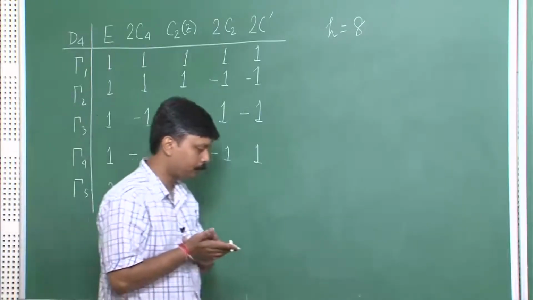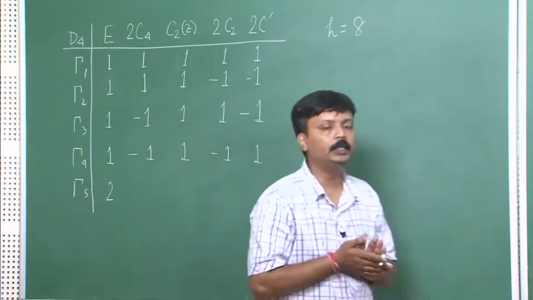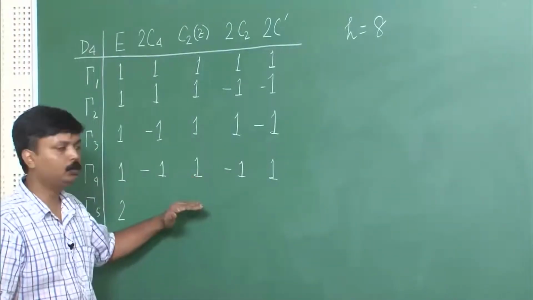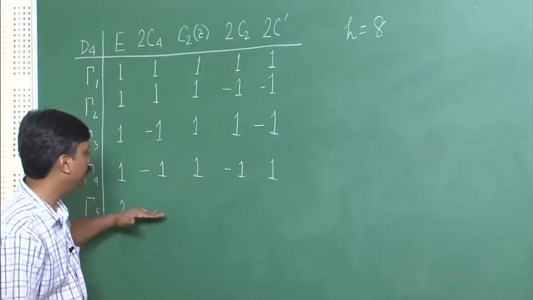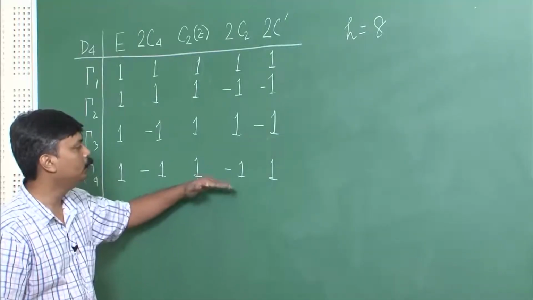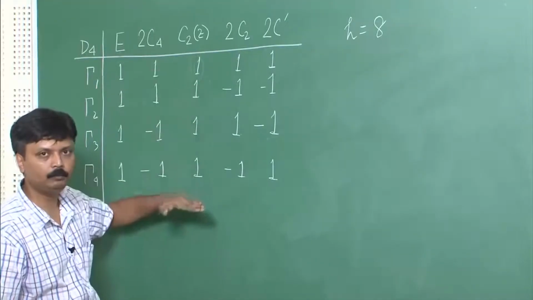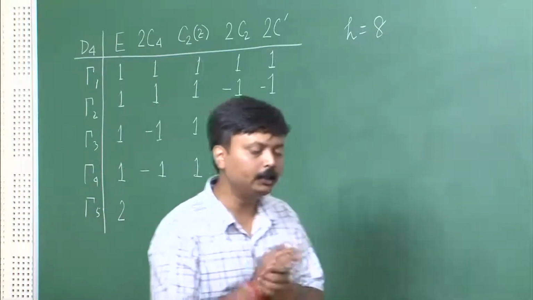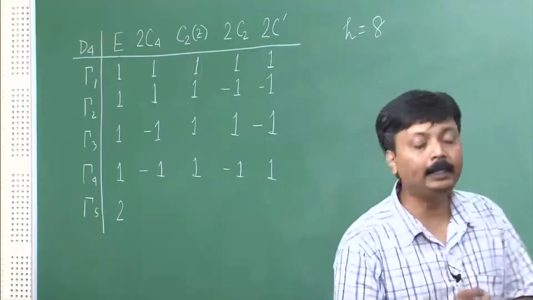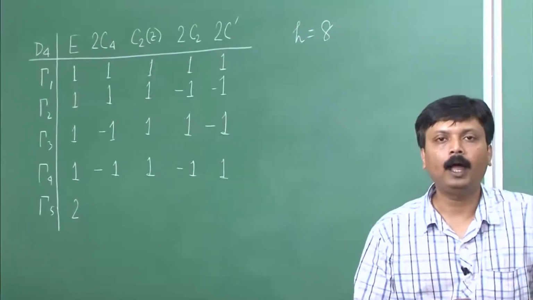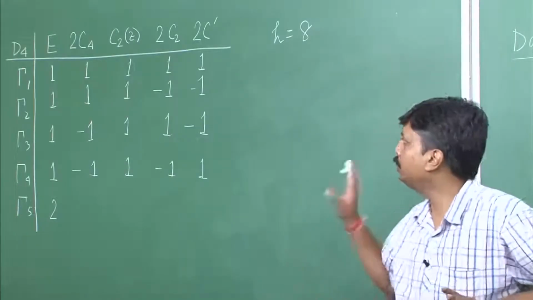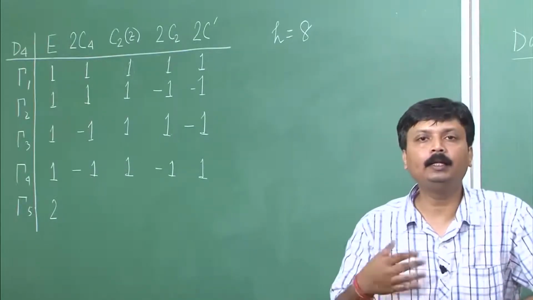One way to do this is trial and error, if you find some numbers which will be orthogonal to each of these. Otherwise, there is a very easy solution where you can take any generalized point, take its coordinates, and then apply all the symmetry operations and get the representation.